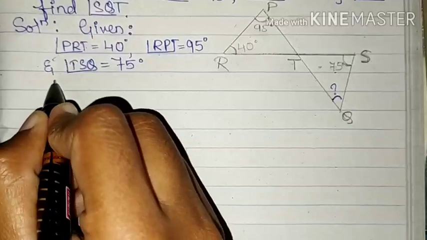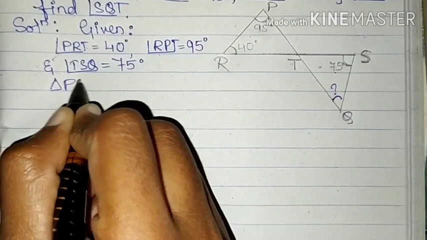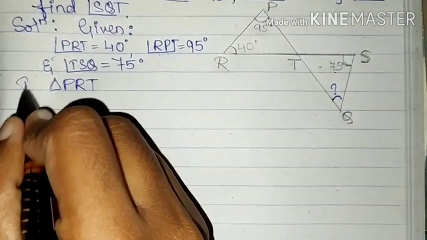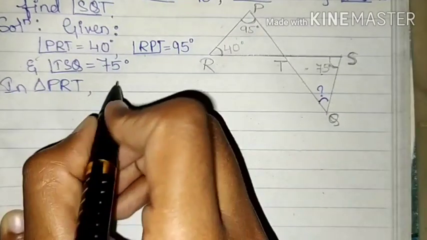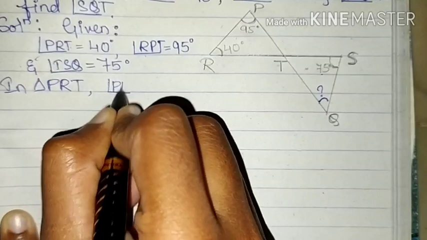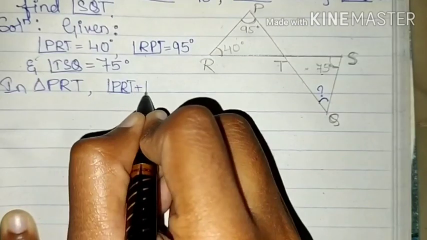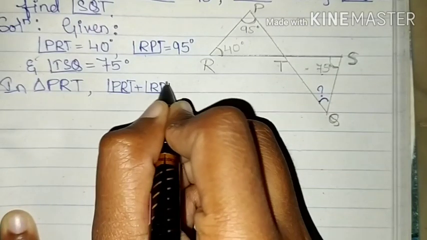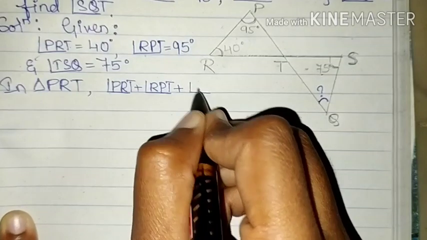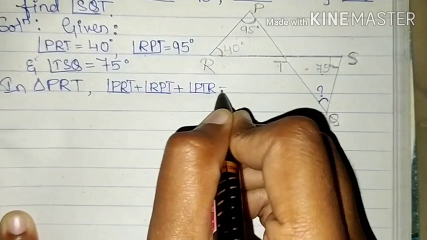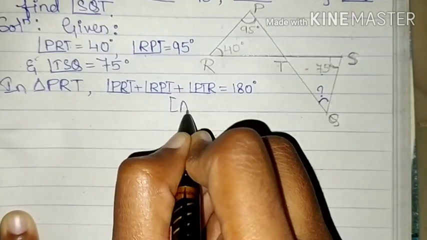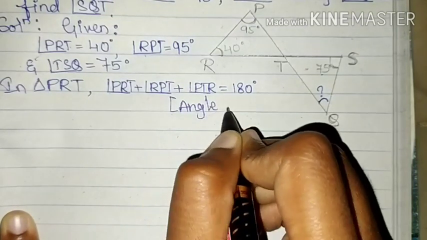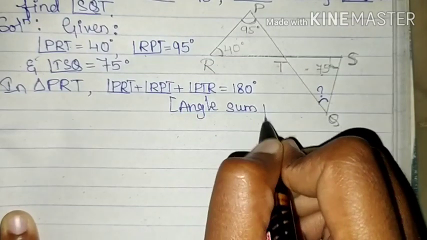So in triangle PRT, angle PRT plus angle RPT plus angle PTR is equal to 180 degrees because of the angle sum property of a triangle.